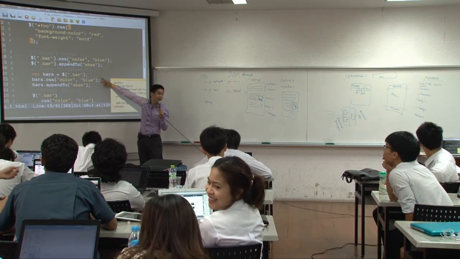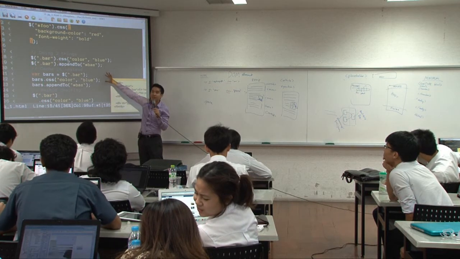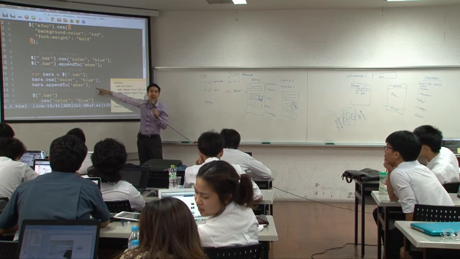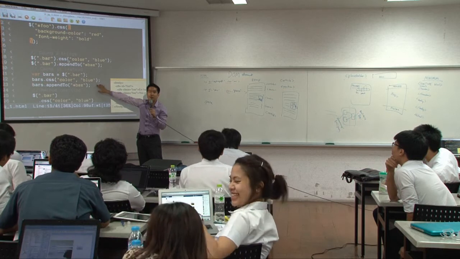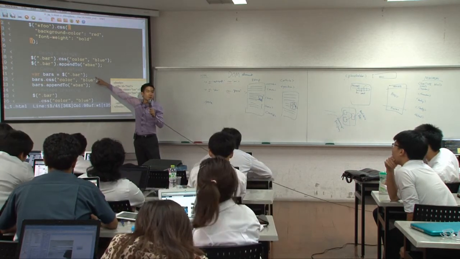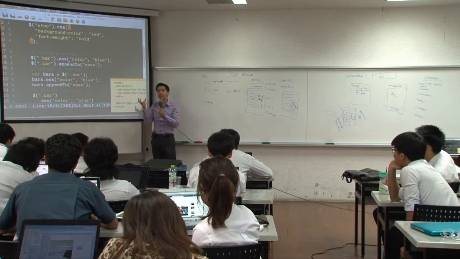So in other words, lines 18 and 19 do the exact same thing as lines 21 to 23, except that lines 21 to 23 are faster because you store the query result. You see, this is the thing about jQuery.